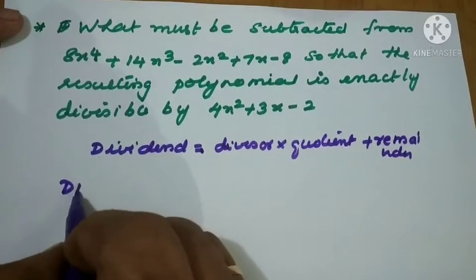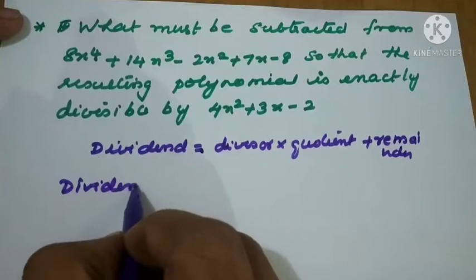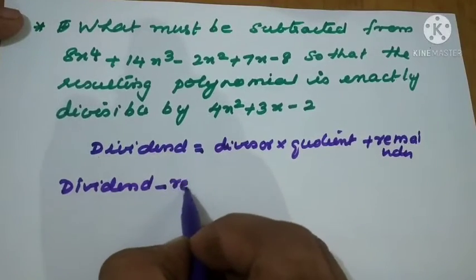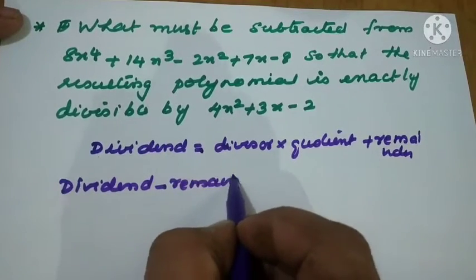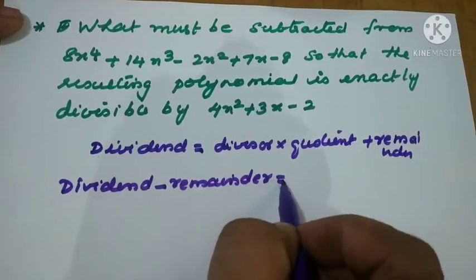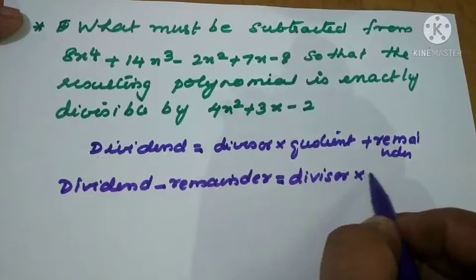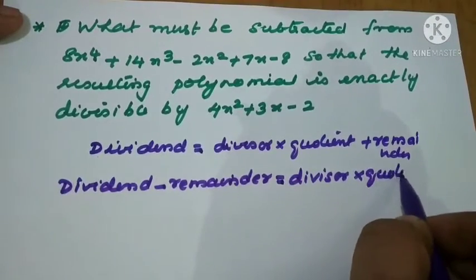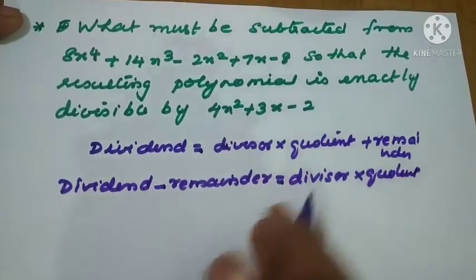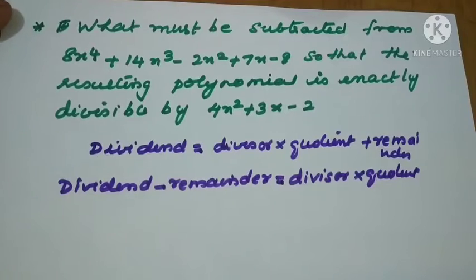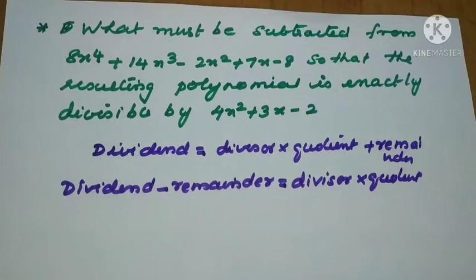So from dividend we should subtract remainder, then what we will get? A divisor into quotient. If they are expressed as a product of two factors, then each one of them is called as a factor only. So that means a complete division is possible after subtracting the remainder. Let us do the division now.